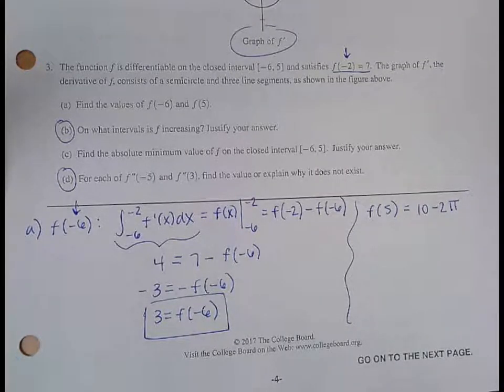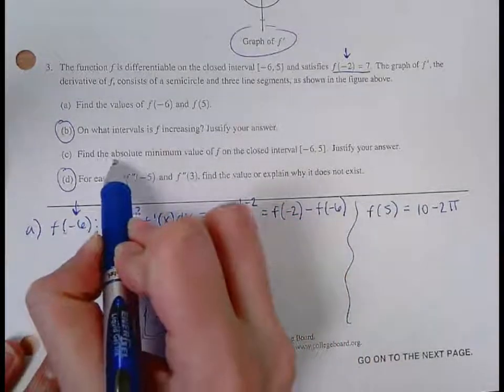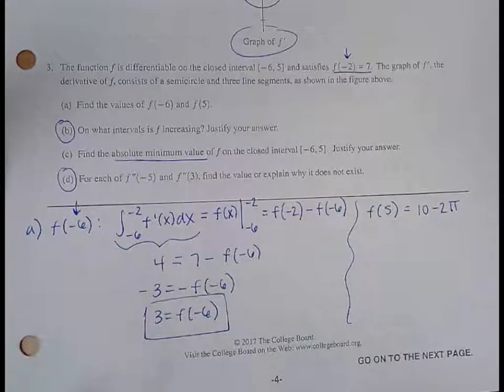That's up to you. But then for part C, this one I also want to talk about. This was actually covered last chapter. It says find the absolute minimum value of f on the closed interval from -6 to 5. So think back to chapter 4. If you're looking for the absolute minimum or maximum on a closed interval of a function, where do you look?